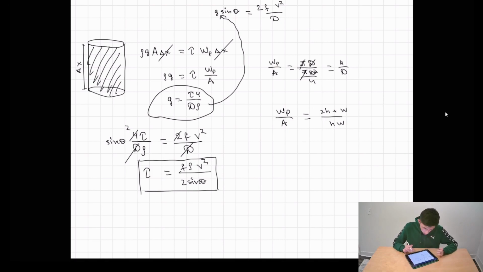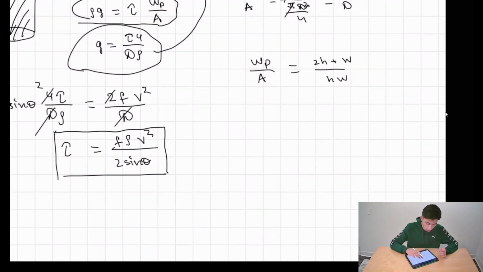So now we can use this expression here, rho g, and plug in the shear stress that we derived, and the wetted perimeter over area for the box.